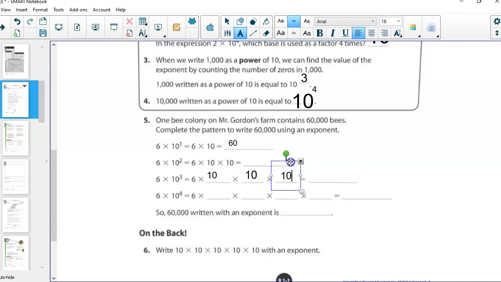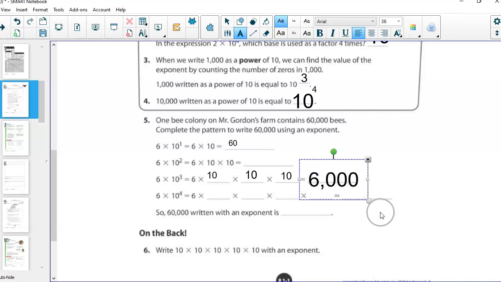Okay, so we have that exponent of 3, 10 to the third, so 10 times 10 times 10. And then that's going to give us an answer of having 6, and that exponent tells us we need 3 zeros behind it. And don't forget that you want to make sure that you put that comma in your number in the correct spot.